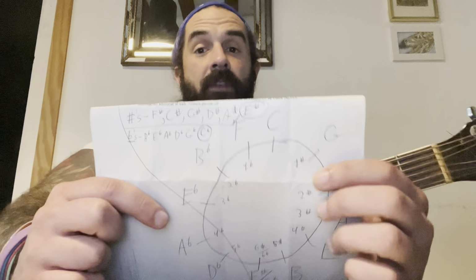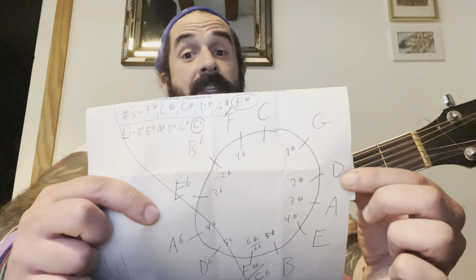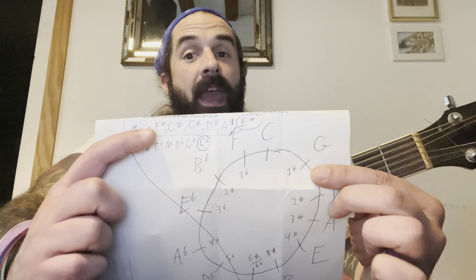But eventually, it's going to become memorized because of the patterns, and it's not so wildly esoteric. And they follow the same pattern too. If I have my F sharp, and then I go to G, if I go to D, and now I have my F sharp and my C sharp, that's all it is. F sharp and C sharp.